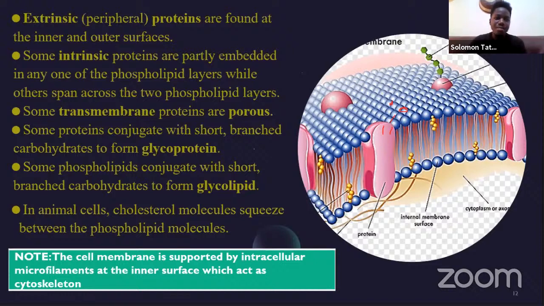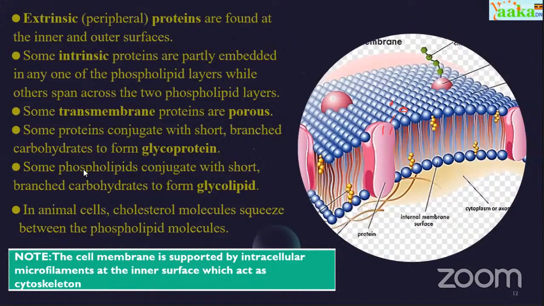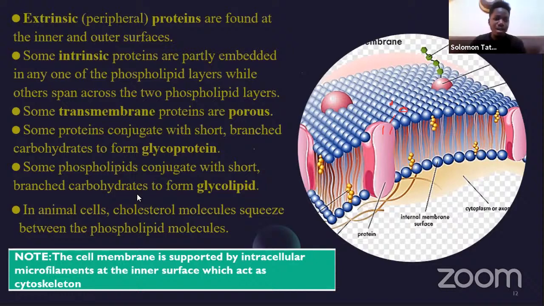Some transmembrane proteins are porous, like this one right here, which we call transport proteins. Some phospholipids conjugate with short branched carbohydrates to form glycolipids. I mean glycoproteins, not glycolipids, glycoproteins.